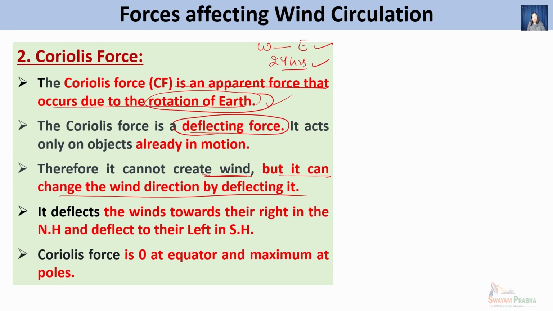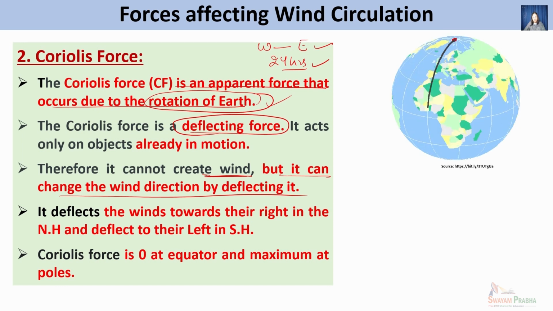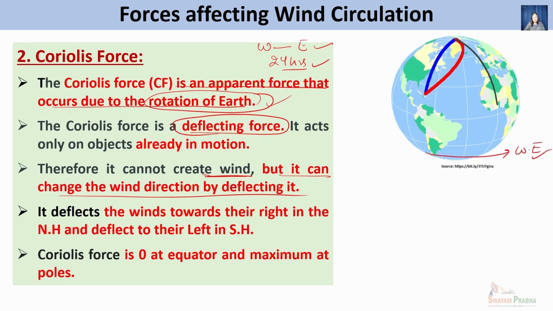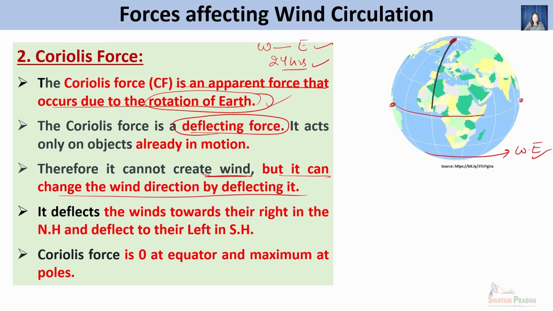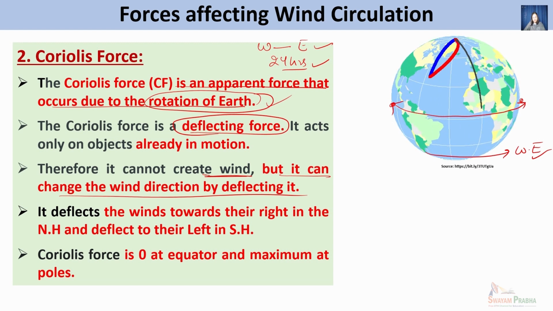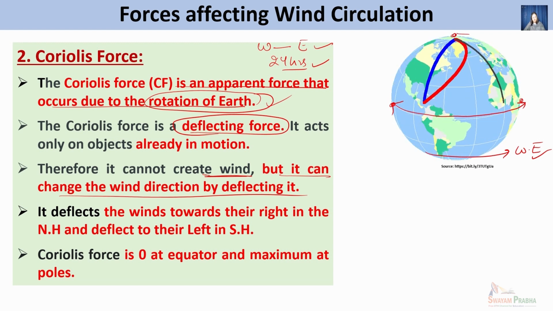So as we know, the whole Earth completes its one rotation in 24 hours, moving from west to east. And as the Earth is widest at the equator, the speed of rotation at the equator is maximum compared to the polar areas.